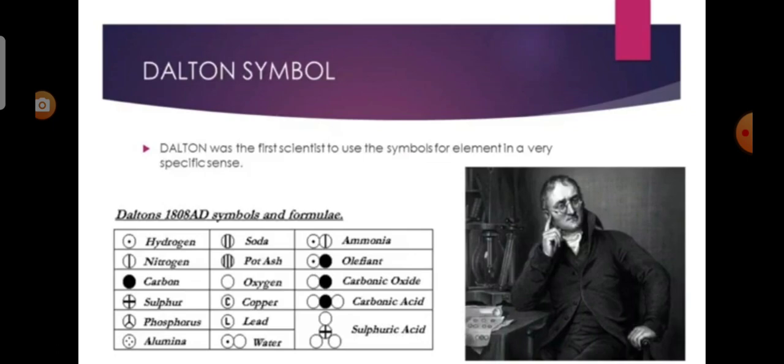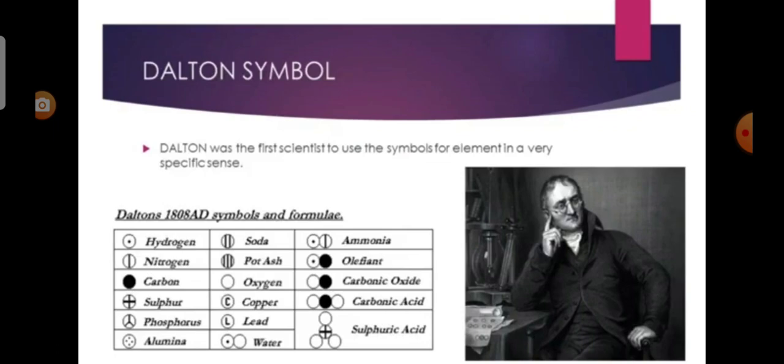Dalton was the first scientist to use symbols for elements in a very specific sense. When he used the symbol for an element, he also meant a definite quantity of that element, that is, one atom of that element.